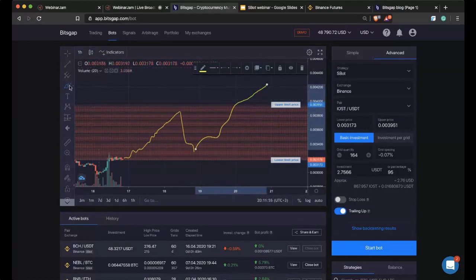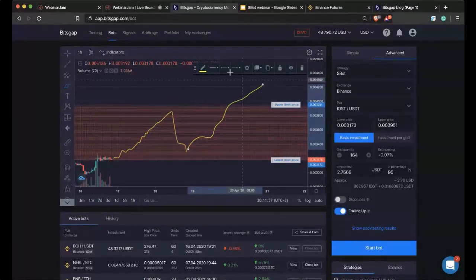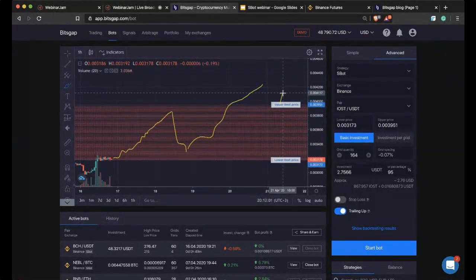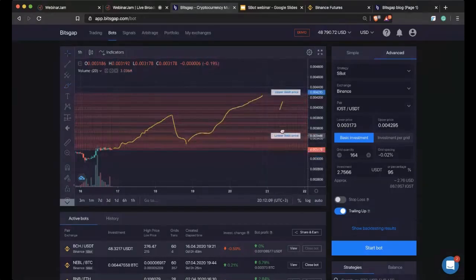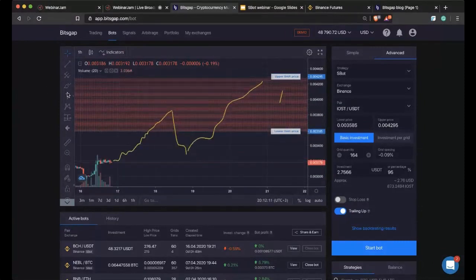In this case, it went upwards, so my trade range will follow. But once again, if the price goes downwards from this point, like here, my trade range is not affected. It's going to stay like this.